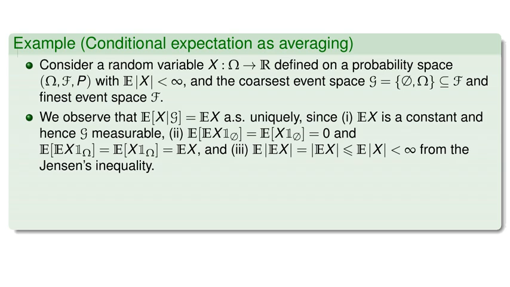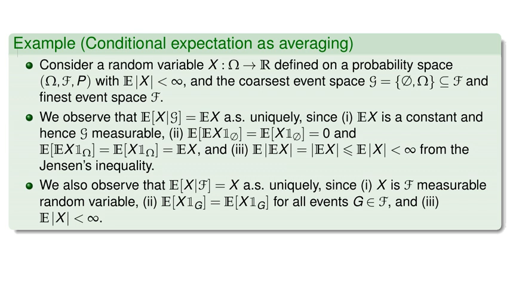Third, the integrability holds. The expectation of the absolute value of the expectation of X is just the absolute value of the expectation of X, which by Jensen's inequality is less than or equal to the expectation of absolute X, which we assumed is finite.